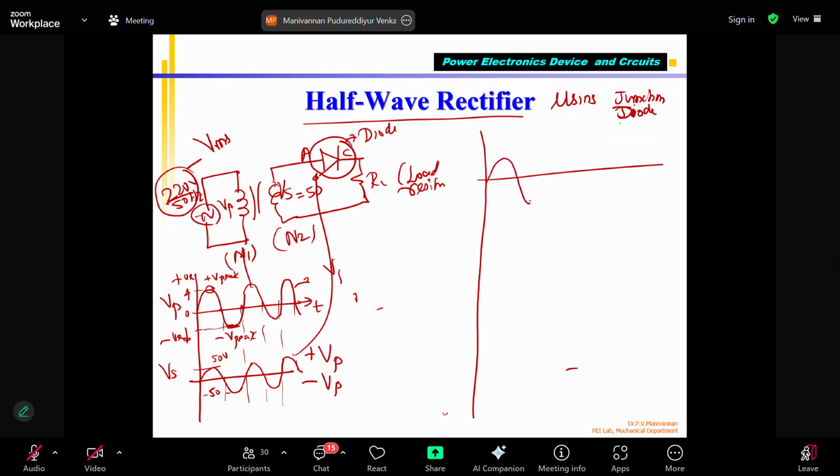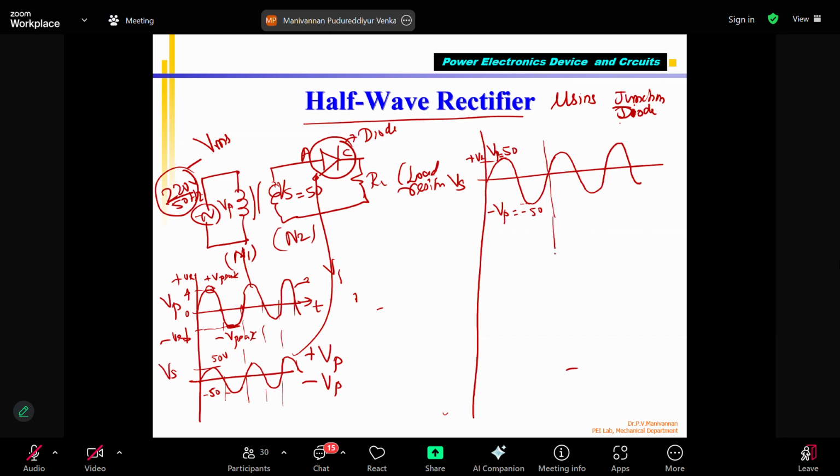We need not worry about the primary. We already know the secondary voltage alone, because the rectifier is getting input voltage only from the secondary. This is my Vs. I told you the transformer is 0.25. So Vs is 50 volts on the positive side, Vp positive. Correct? This is minus Vp, which is nothing but minus 50 volts. This is called one cycle.